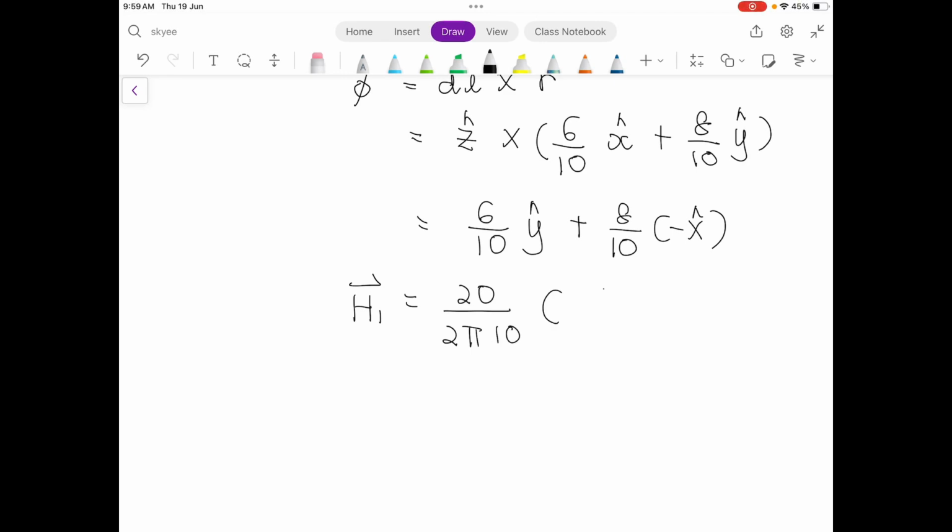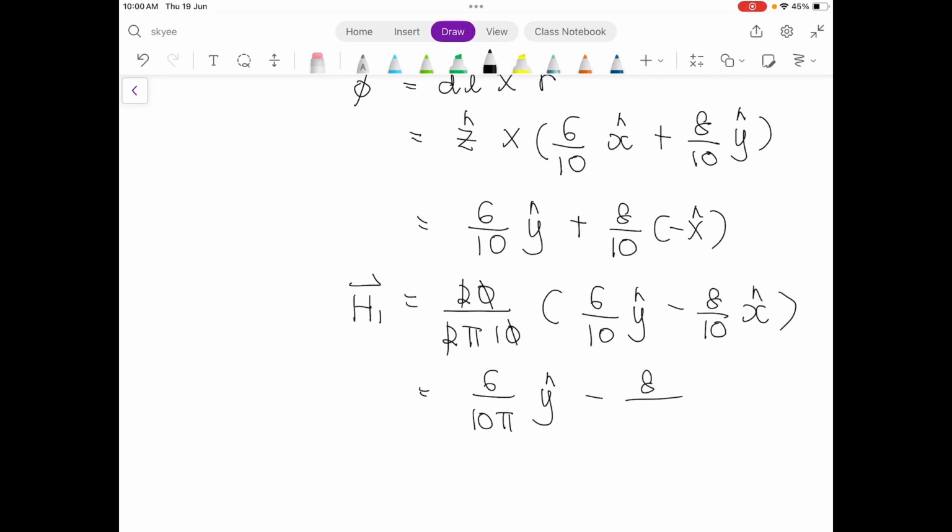And we have 6 over 10 y plus, we'll use minus, 8 over 10 x. Try to simplify this and then you can calculate. If we just put it like this, it is fine. Right, so the answer is this one.